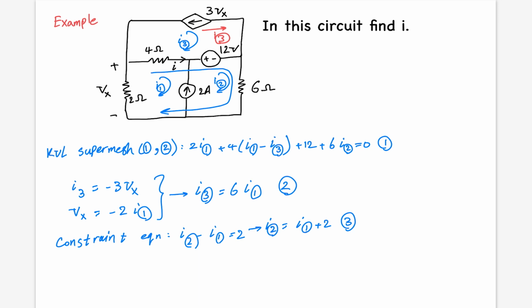From these 3 equations, we can find 3 unknowns, I1, I2, and I3. So we can find I1 equal to 2 amperes. And if we know I1, we can find I3.